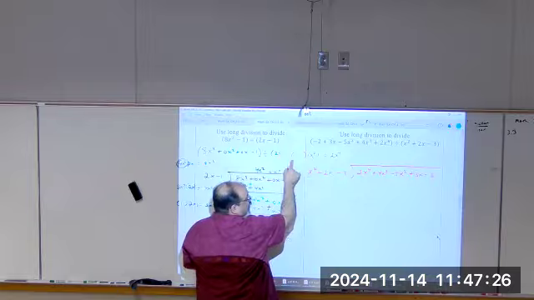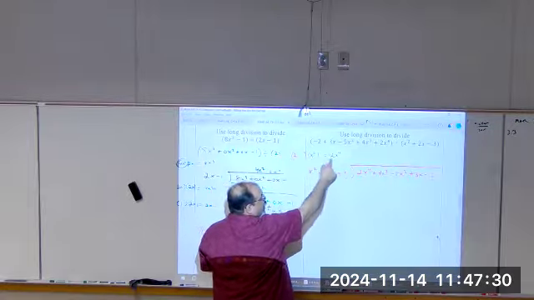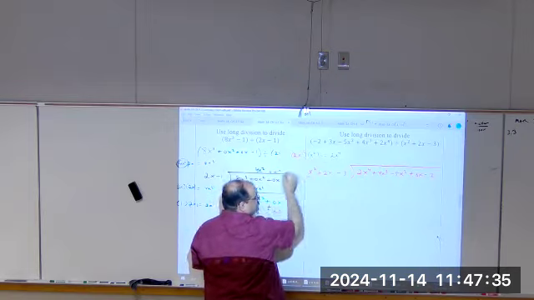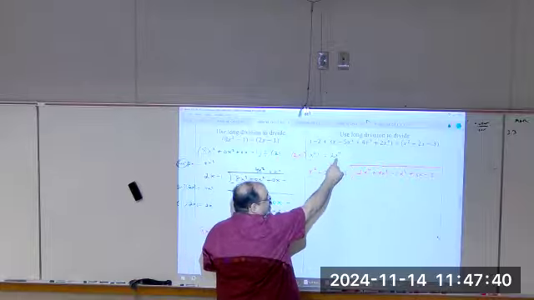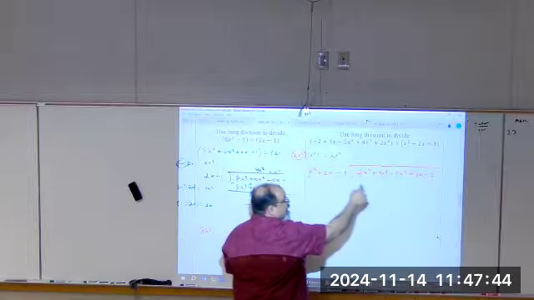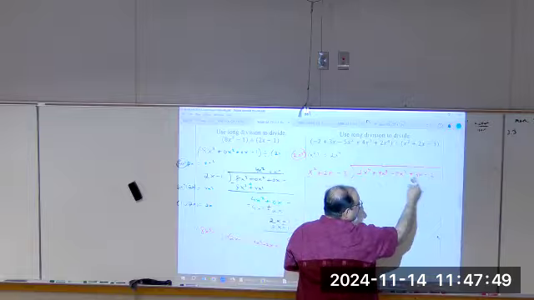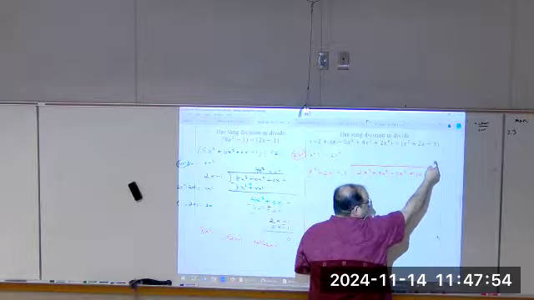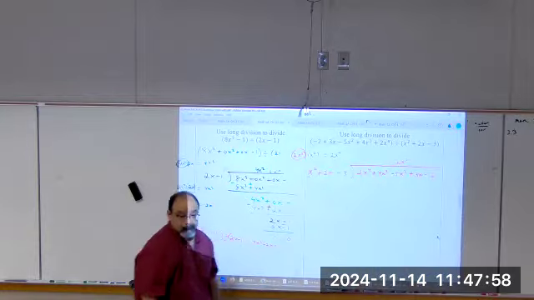I need a 2, so I'm going to multiply by 2 times x. I need an x squared. 2x squared times an x squared gives me that 2x to the 4th. So I'm going to multiply by 2x squared. And you know what? It's going to start right here. So as ugly as this looks, it starts here, which means I only have 2 more terms to go. Start right there.